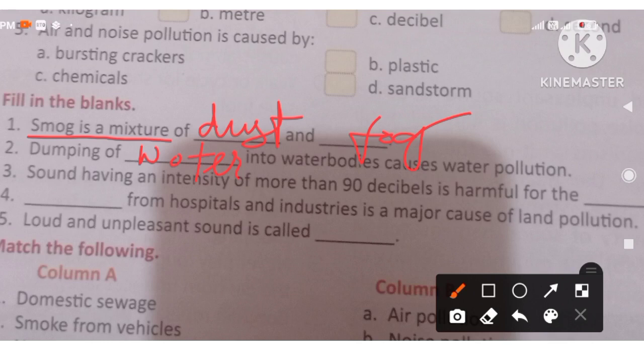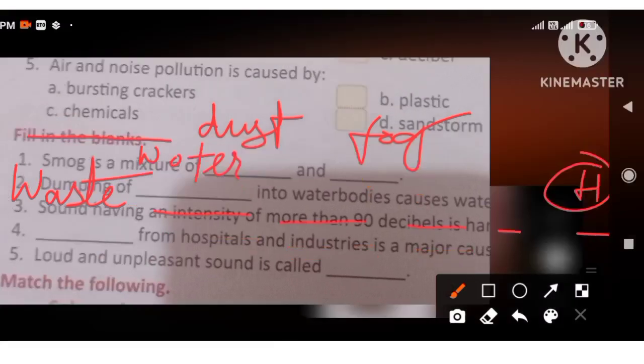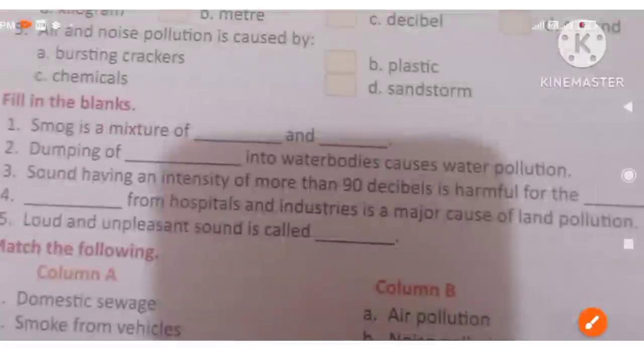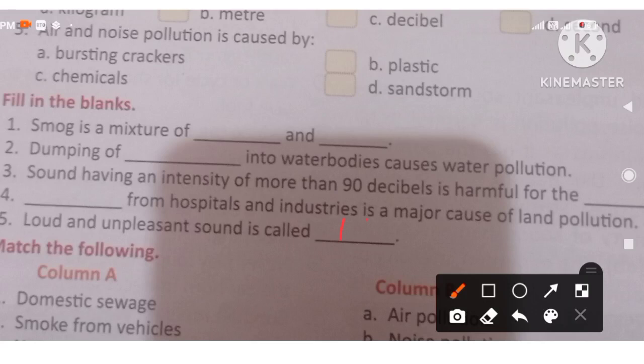Sound having an intensity of more than 90 decibel is harmful for human ears. Waste material from hospitals and industries is a major cause of land pollution. Last point: loud and unpleasant sound is called noise pollution.